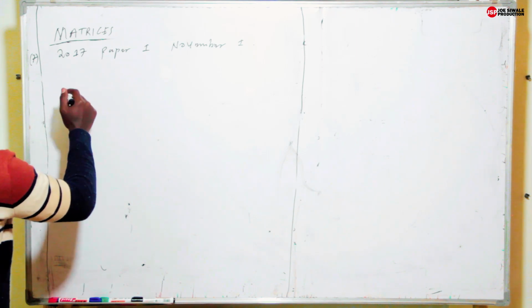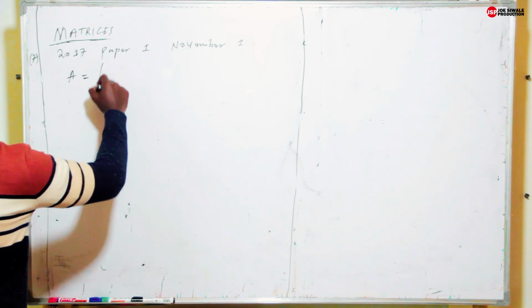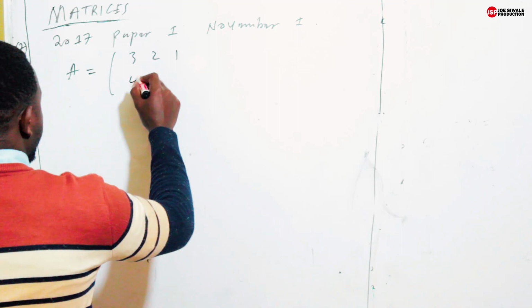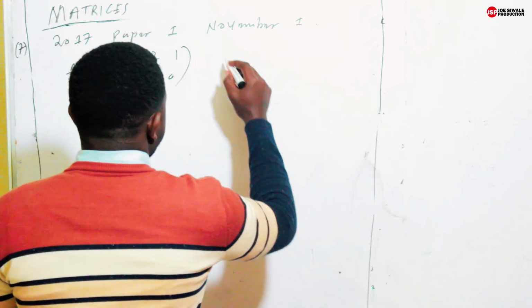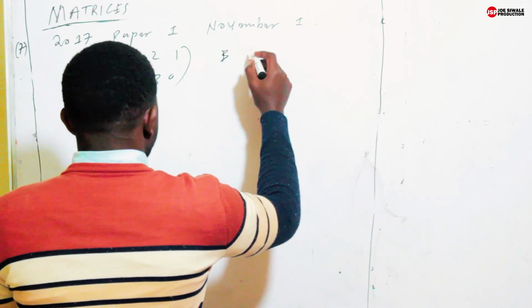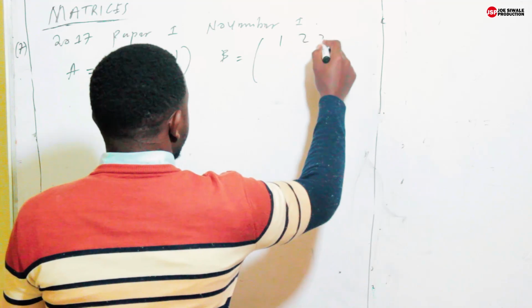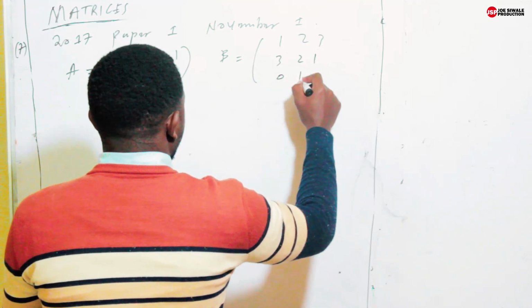So there we have been given matrix A as 3, 2, 1, then we have 4, 3, 0. Then B we have been given as 1, 2, 3, 3, 2, 1, 0, 1, 0.